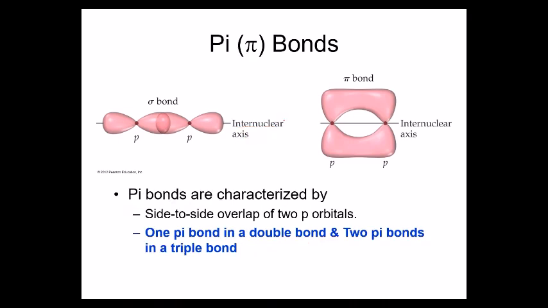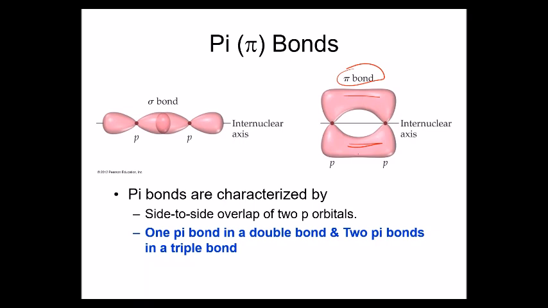The idea of the pi bond comes into play when we're talking double and triple bonds. Every double bond has at least one sigma, where you have the s and p overlap. The additional bond of the double bond is the pi bond, where the p orbitals, on the other axis, overlap and share the electrons.